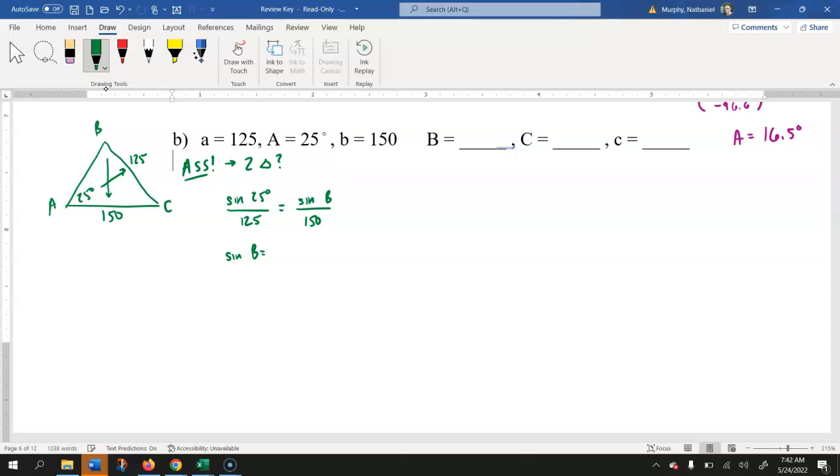Now I'm going to multiply the two sides that are diagonally across from each other, the 150 times the sine of 25 degrees, and divide by what's left over, which is 125. You're going to get a number, and take the inverse sine of that value. And when you do that, you're going to get angle B is 30.5 degrees.